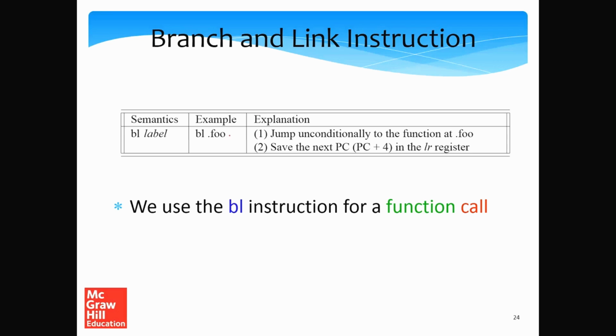So the BL instruction, branch and link, does two things. We jump unconditionally to the function at .foo, and we save the next PC, which is the current PC plus 4, in the return address register, which is actually called the LR register in ARM.